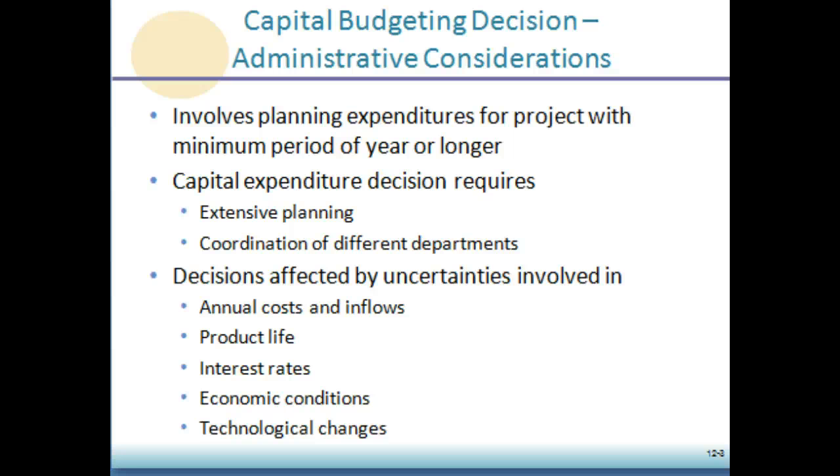The longer the time horizon associated with a capital expenditure, the greater the uncertainty, and various areas of uncertainty are annual costs and inflows, product life, interest rates, economic conditions, and technological change.